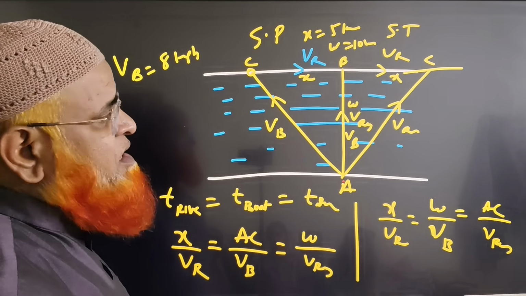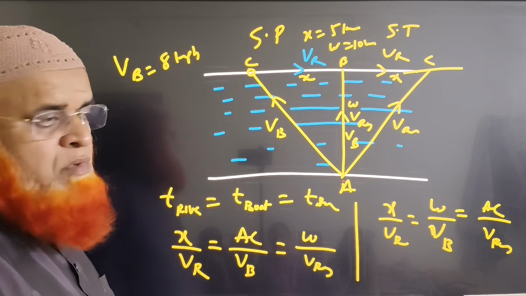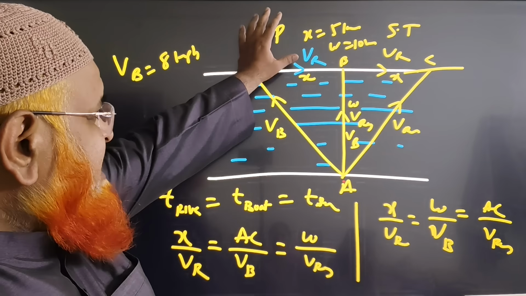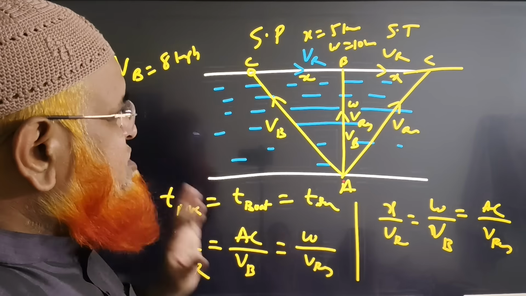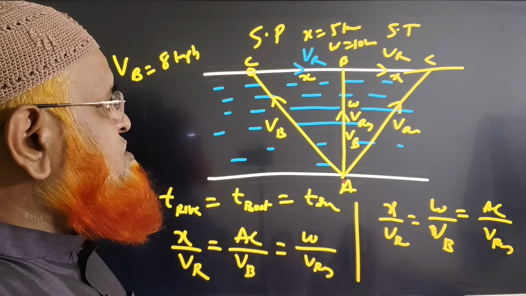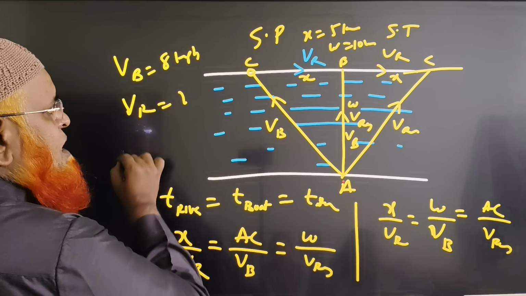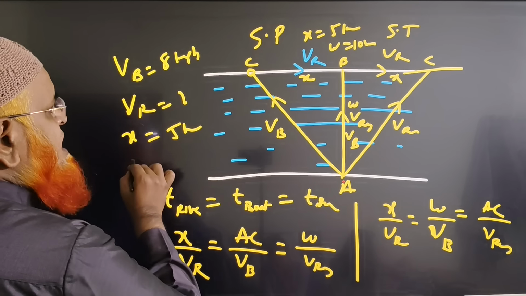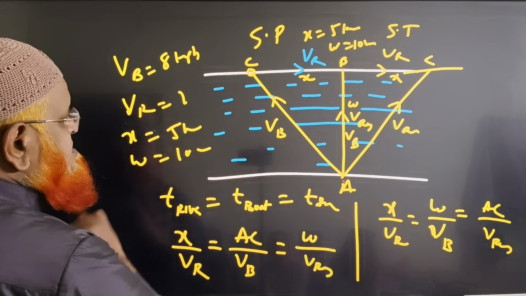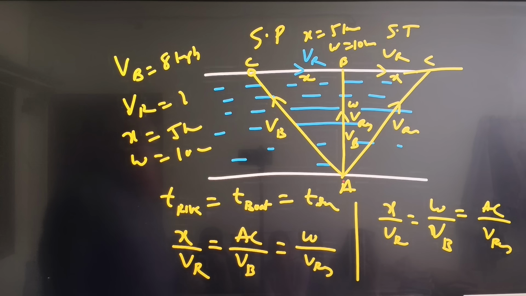What is the velocity of the river? He is asking us to find out the velocity of a river. You don't know the velocity of the river, but you know drift is 5 kilometers and width is 10 kilometers. Three data you know, can't you find out the single one here?